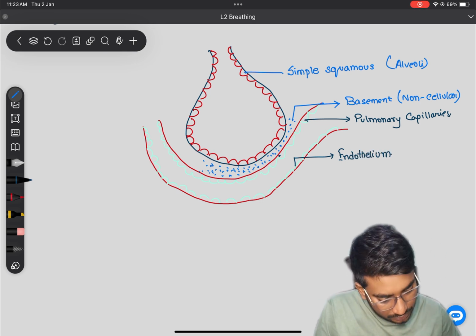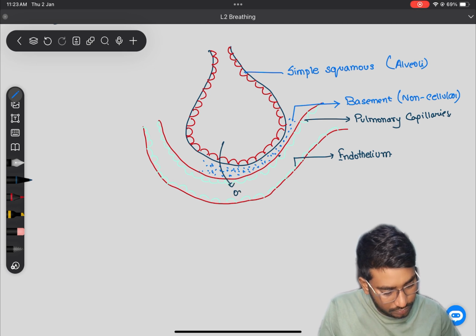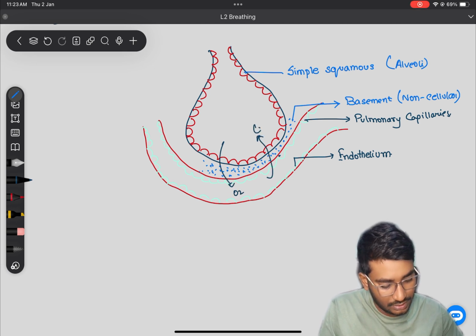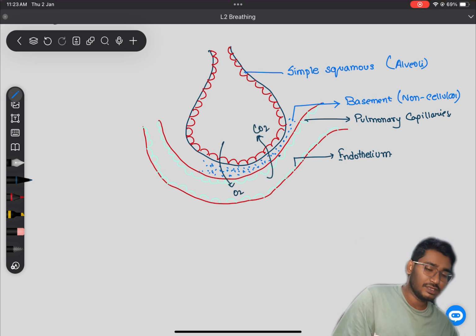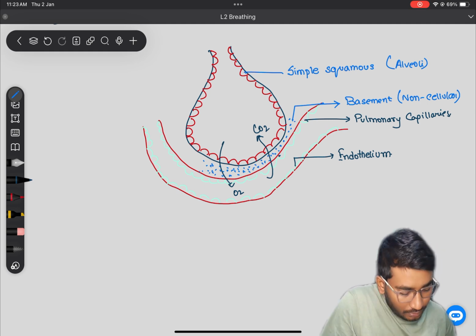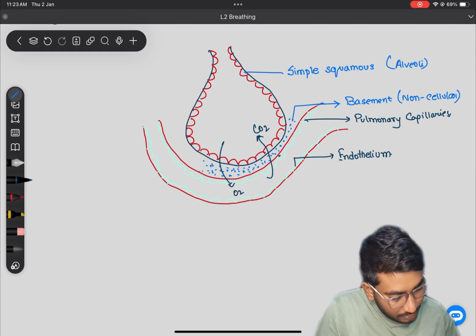Here the O2 is exchanged and the CO2 is expelled out. This is called the diffusion boundary.